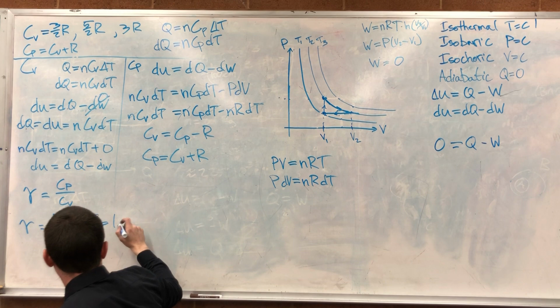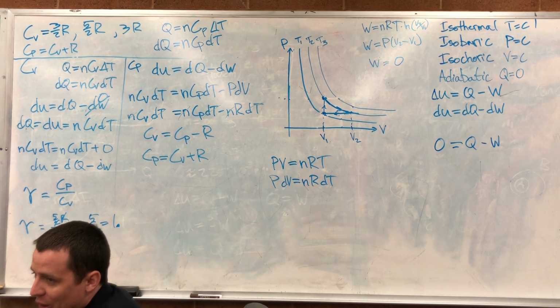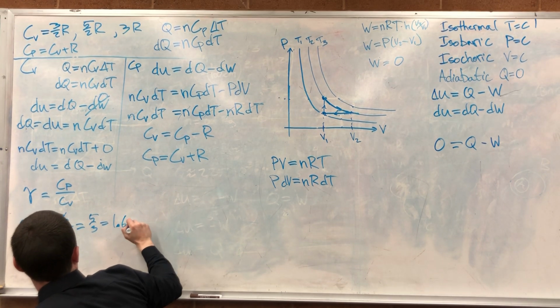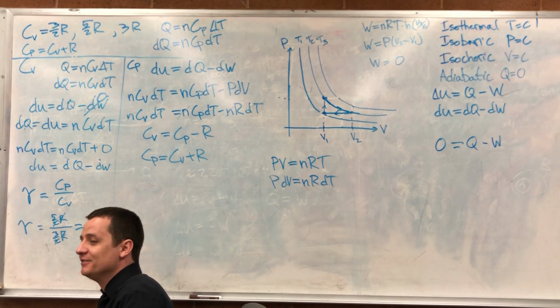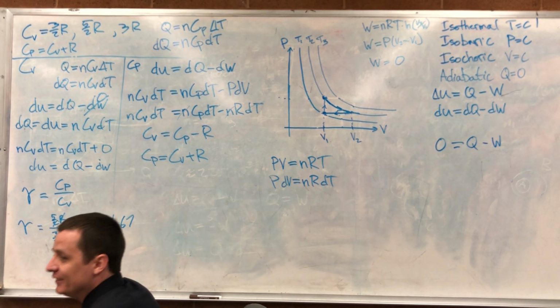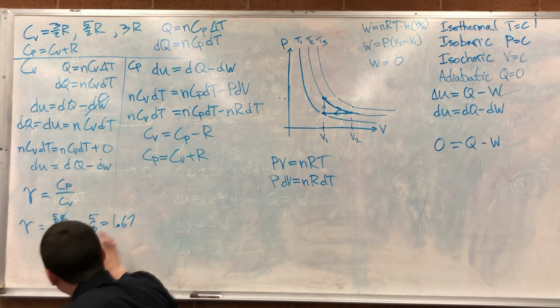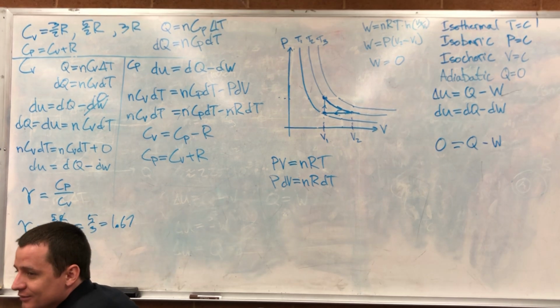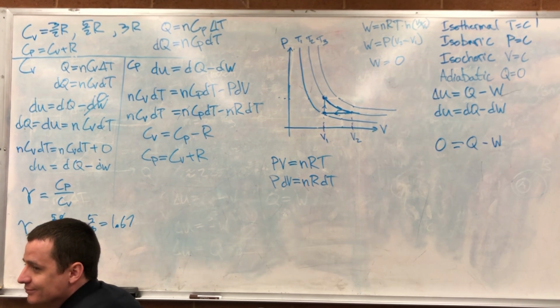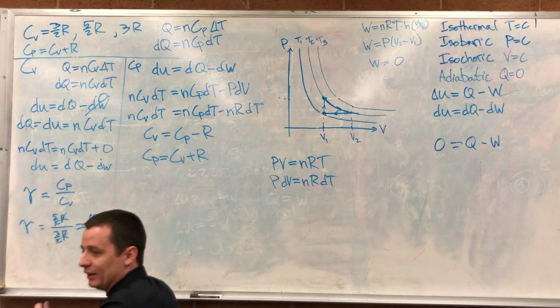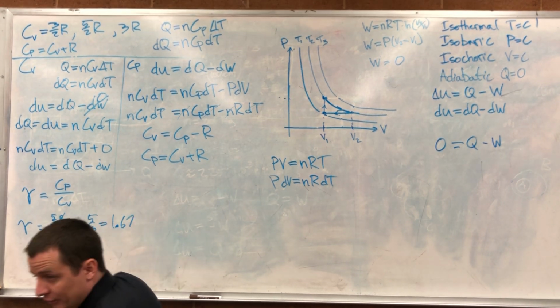How did I get 1.4? Can't believe you guys didn't let me write that. 1 2/3, so 1.67. Okay, which is the gamma for helium. Yeah, no, we did search that, and that was the value we ended up finding and plugging into that other formula.